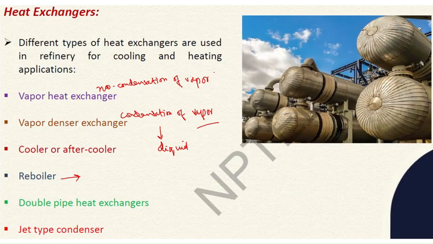As in the atmospheric distillation column, you can see the crude oil was heated by exchanging heat from different cuts of the crude oil. That is the reboiler. Double pipe heat exchangers are basically of this type. One stream passes through this area, and the other stream passes through this. Basically, stream one passes through here, and stream two passes through the annular area. So those are the double pipe heat exchangers.